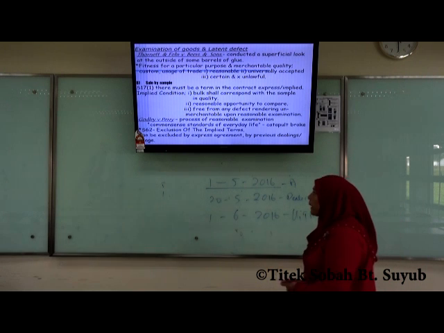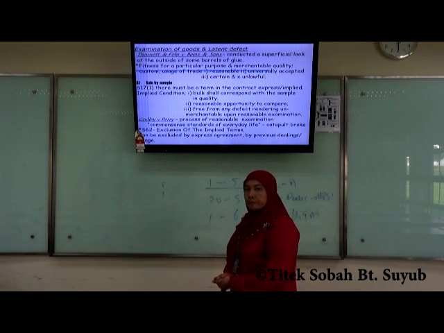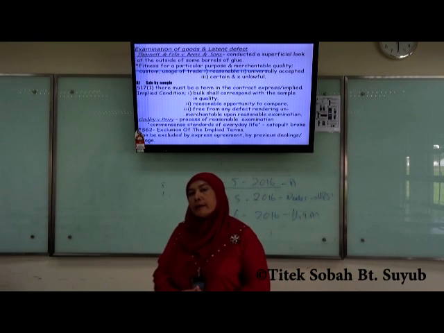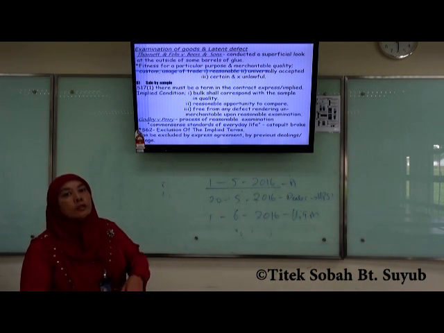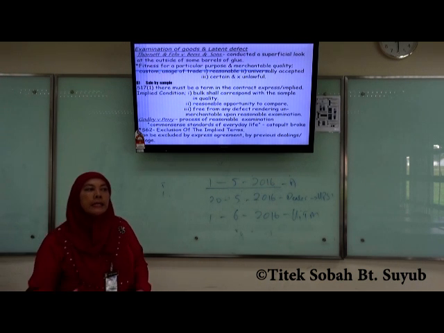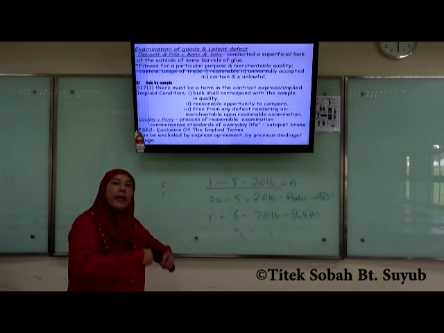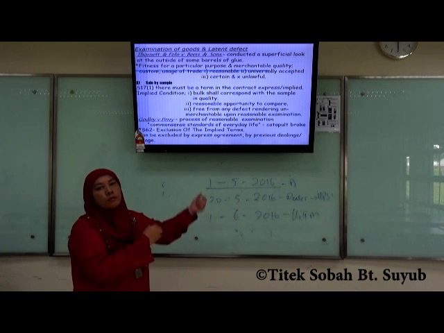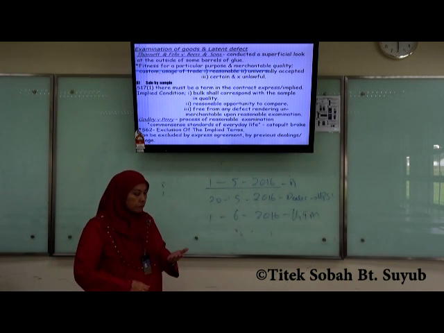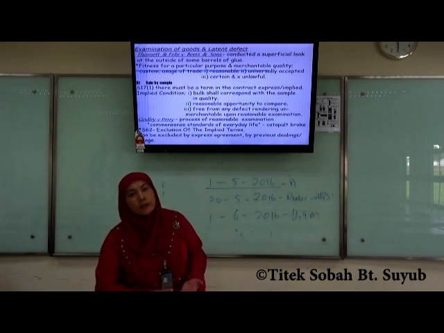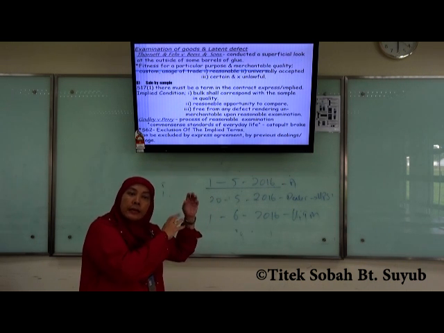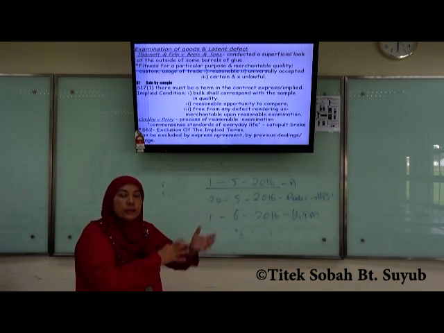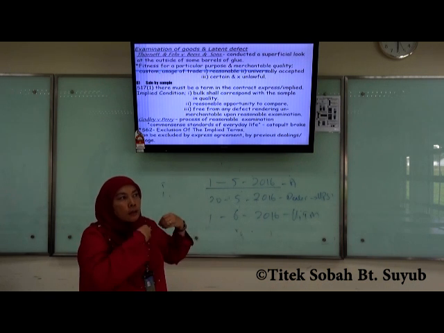Okay, so the last topic under these implied terms is section 62 under the Sale of Goods Act. This section 62 is with regards to the exclusion of the implied terms. Exclusion means parties want to be excluded from these terms which I discussed earlier. Either the buyer or the seller, they don't want to be bound by those terms. Tak nak terikat dengan syarat-syarat yang saya terangkan tadi.